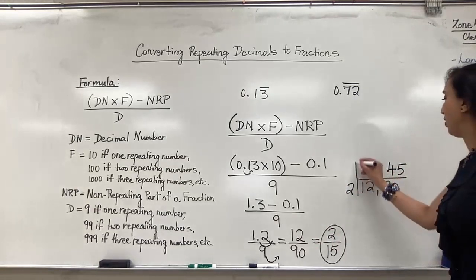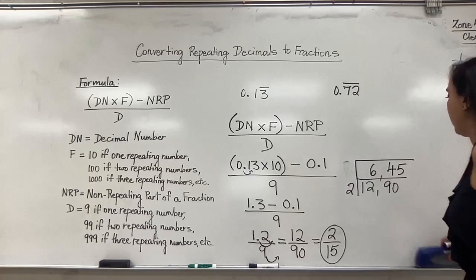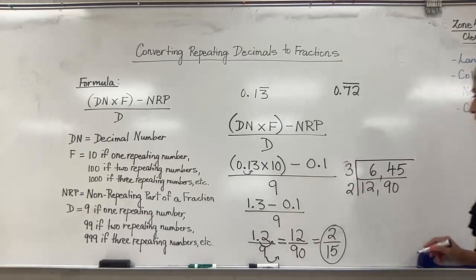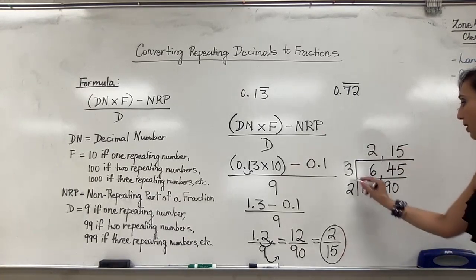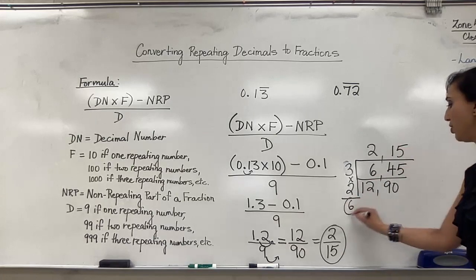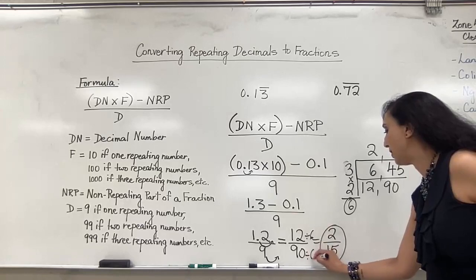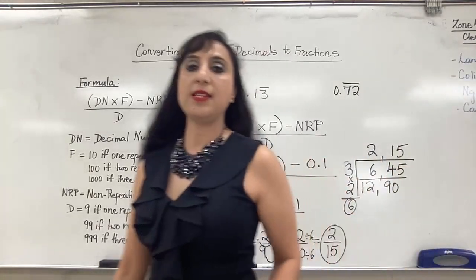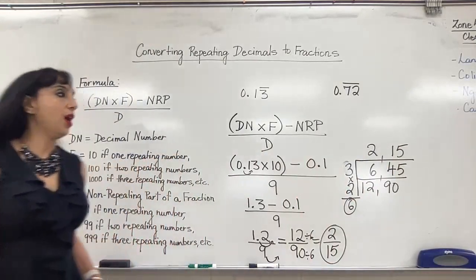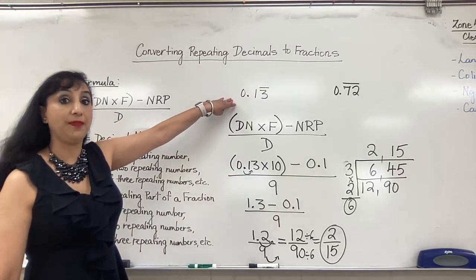So I could have divided by 3, and I get 2 here, and I get 15 here. So this is my simplest form, and my greatest common factor is 6. Basically, I divided this by 6, and I divided this by 6, and I got 2/15 as my fraction in the simplest form. So that is the one where there's one repeating number.